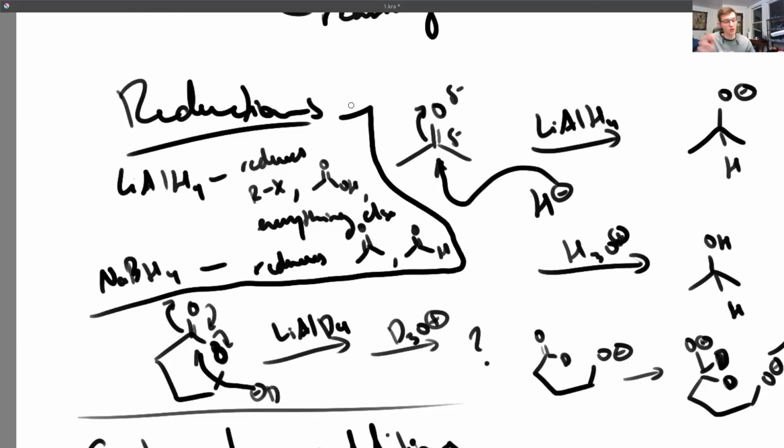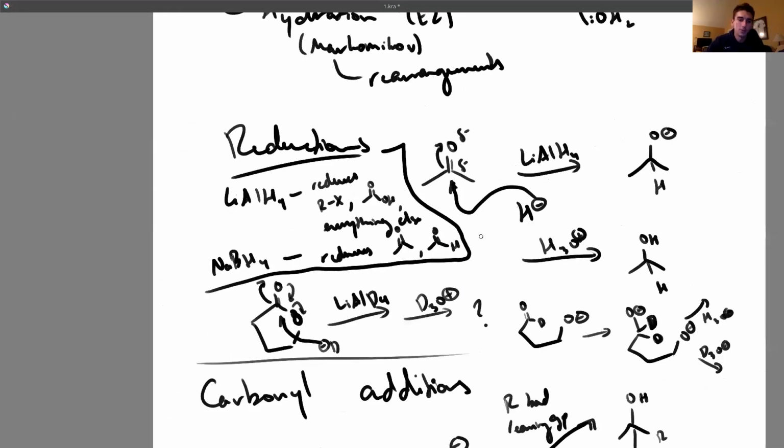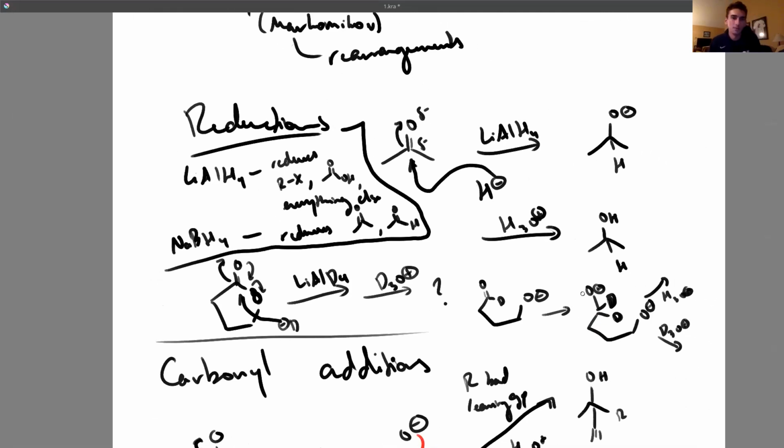Lithium aluminum hydride is way more powerful. So if we're trying to reduce something, should we just automatically go to LiAlH4? No, unfortunately. The reason is because sodium borohydride is more selective.